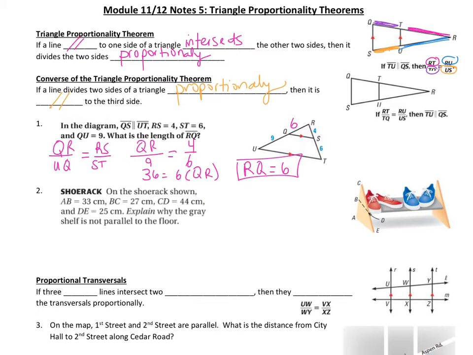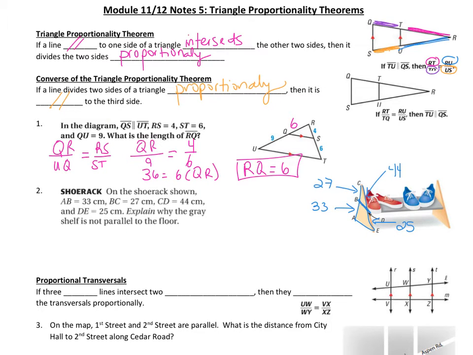On number 2, we want to explain why the shelf is not going to be parallel to the floor. So this BD line right here, why is that not parallel to the floor? Remember that with the converse of the triangle proportionality theorem, if we have the sides that are proportional to each other, then we can say that those two lines are parallel to each other. So this is basically saying why is it not parallel.